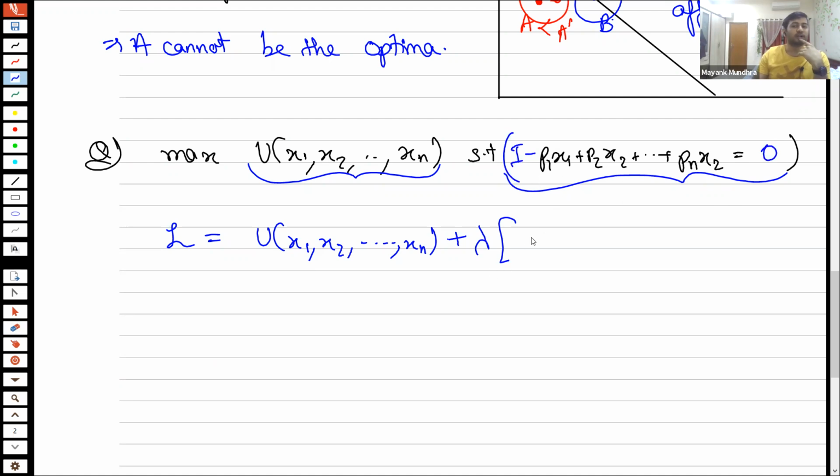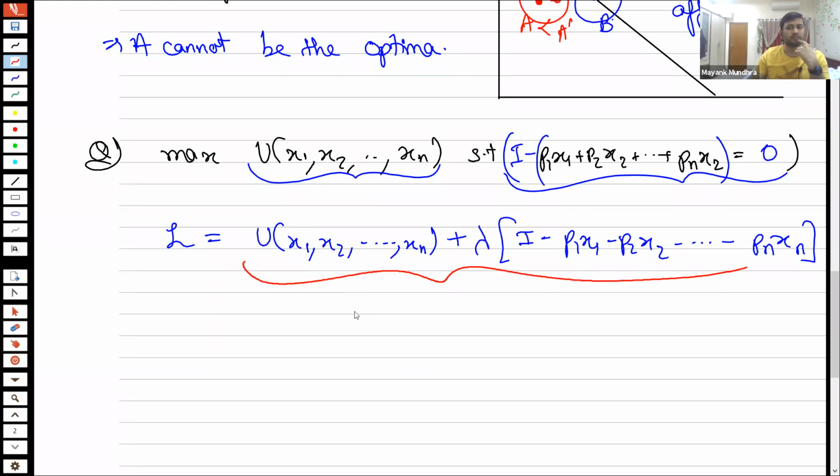So this is the format in which we'll write it: I minus P1 x1 minus P2 x2 minus and so on till Pn xn. Okay. Now, what are the unknowns here? The things that we are trying to find.